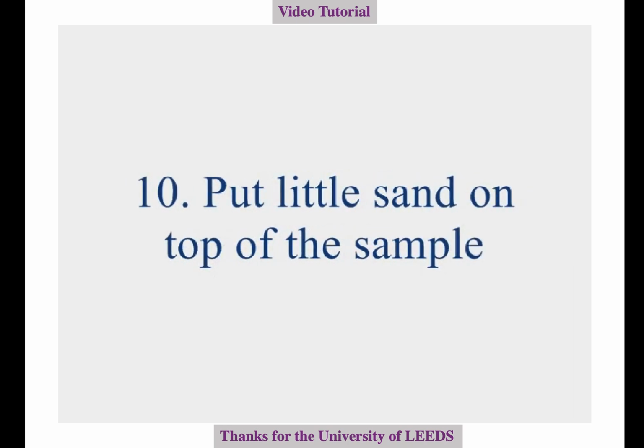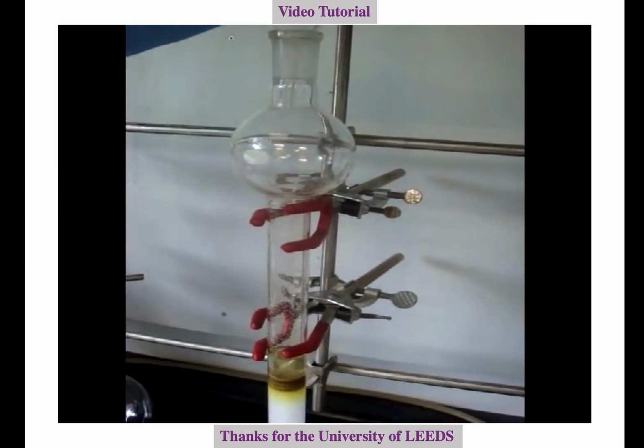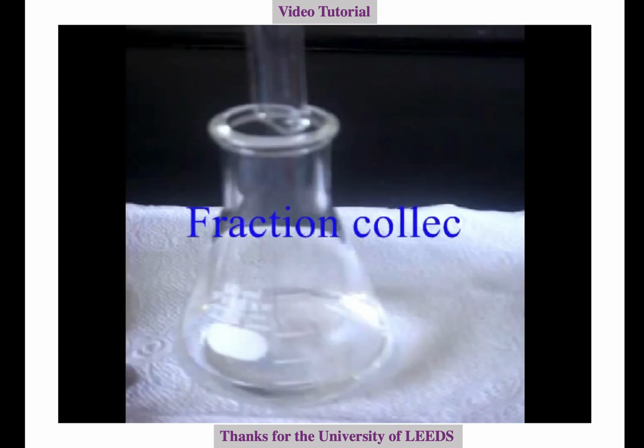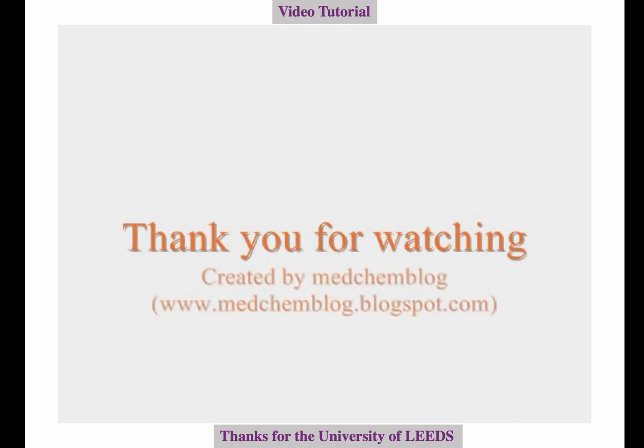Why do we add a little bit of sand here before adding the mobile phase? In order to not allow the surface to be distorted. Then we start collection. Remember, if your product has a color, you will see the color in the eluent.